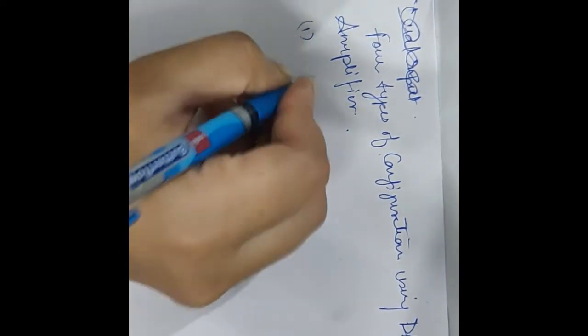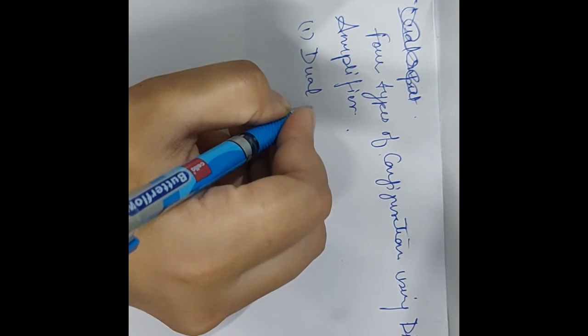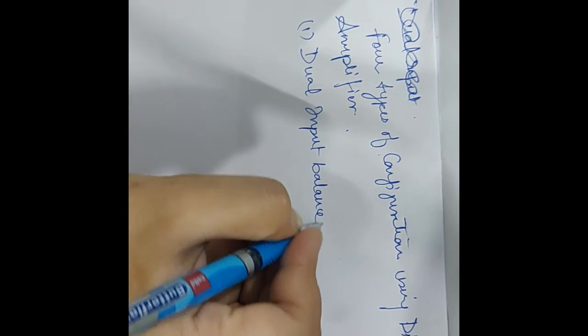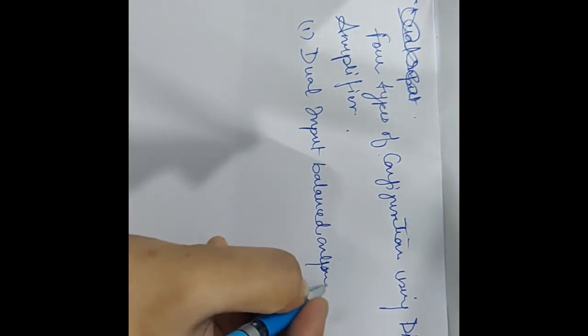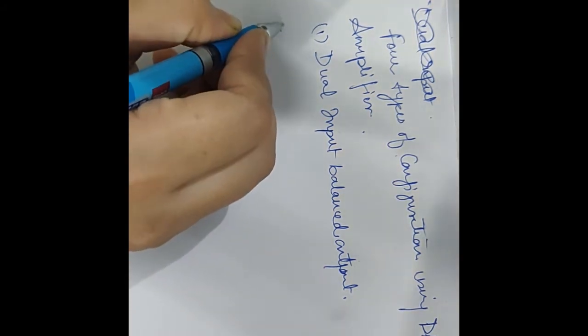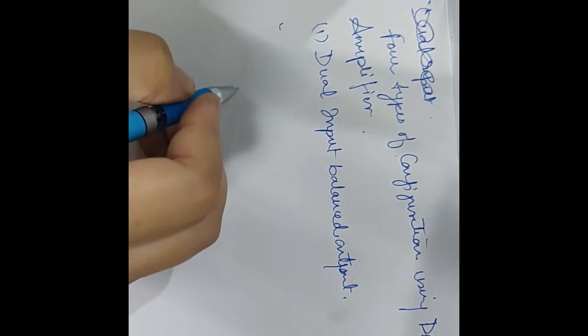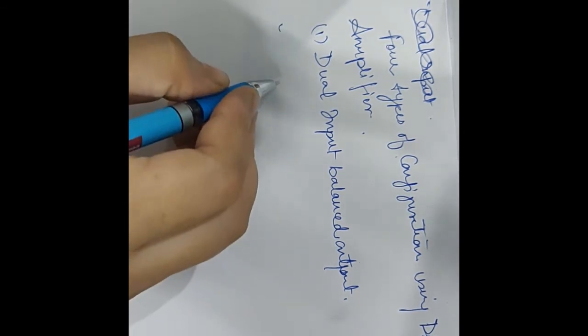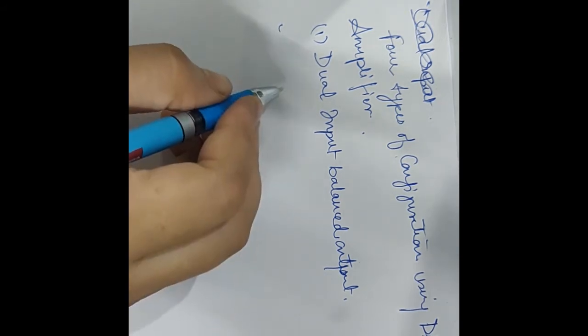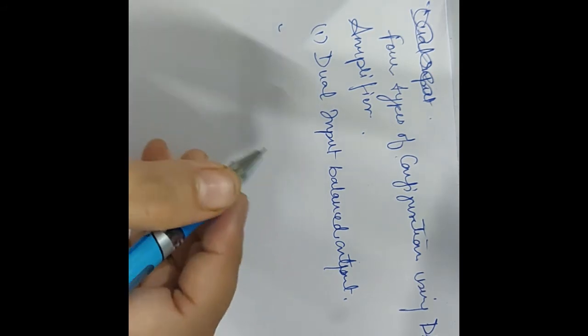So one of them is the dual input balanced output. In case of dual input and balanced output, you are applying the voltage at both common emitter configurations, and you are measuring the output as well at both collector terminals, between the collector terminals, right?